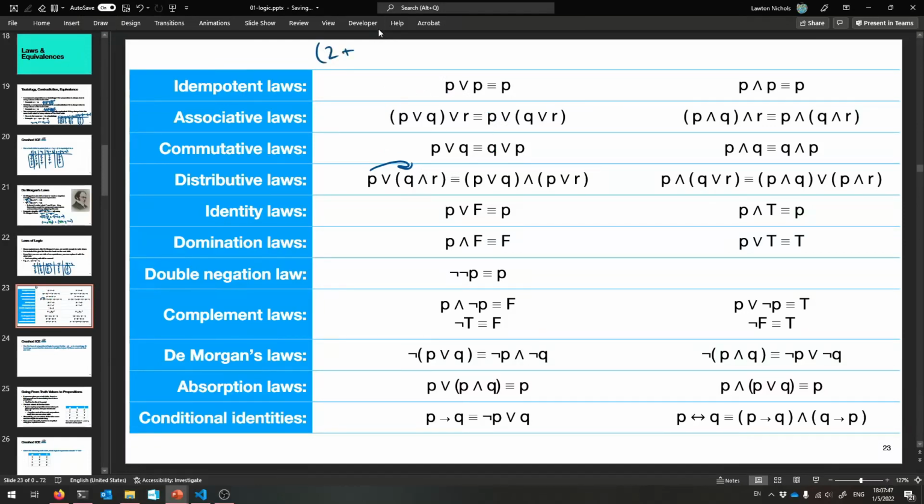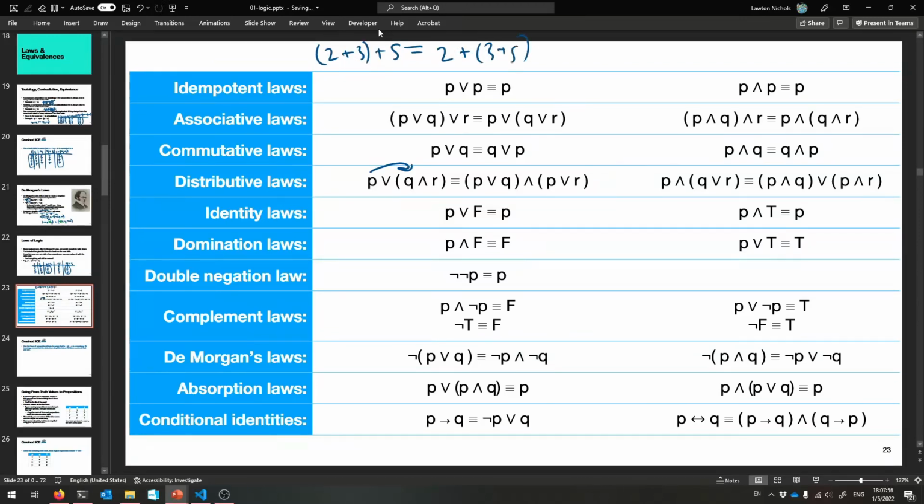It's saying 2 plus 3 plus 5 like this, well, that's the same as 2 plus 3 plus 5. No difference, where you put the parentheses. And then commutative is doing the same thing. 2 times 3 is the same as 3 times 2. No big deal. And so those exist as well in logic. That's all.